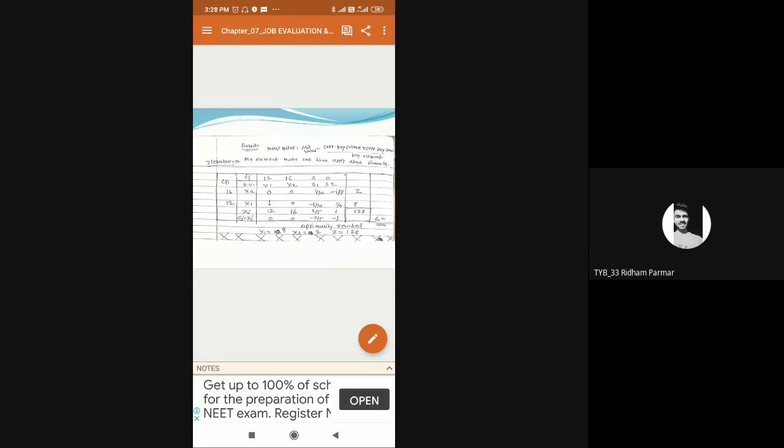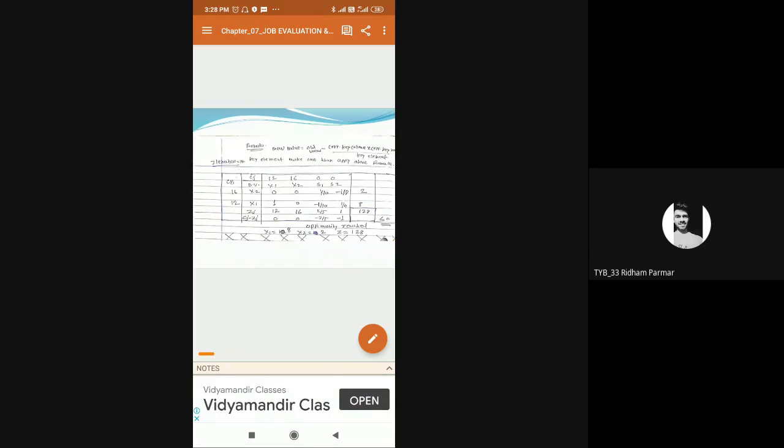So in place of x2 you can write 2, and in place of x1 you can write 8. So x1 is equal to 8 and x2 is equal to 2. So the optimum solution is 128.